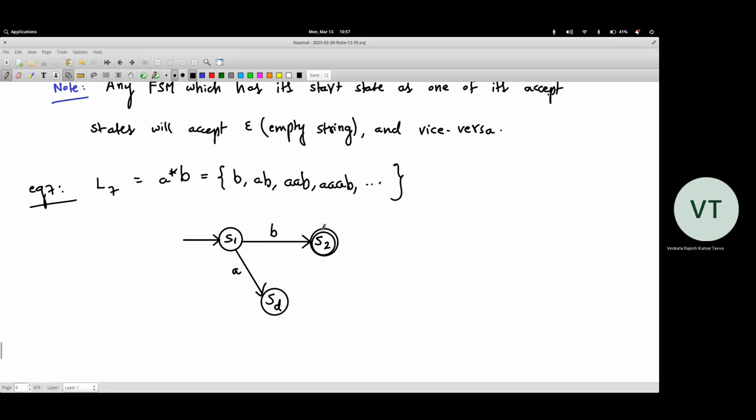Loop. Loop on A. Okay. S2 to SD on B. That's it. And there should be SD loop on A comma B. Is this right?